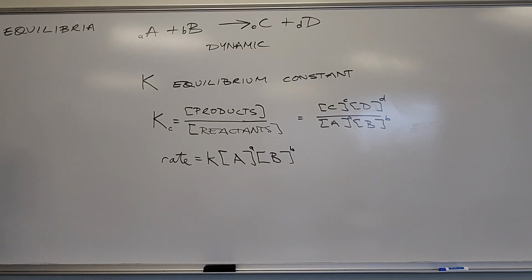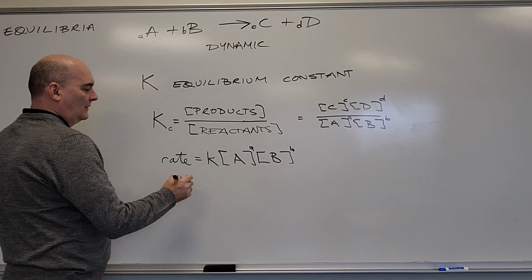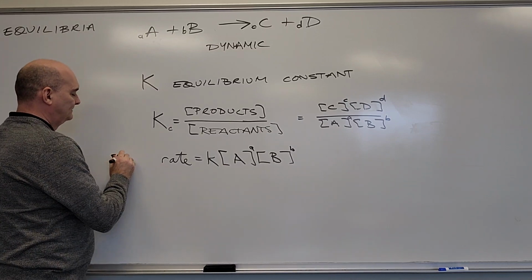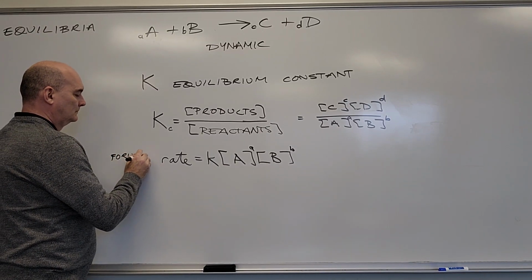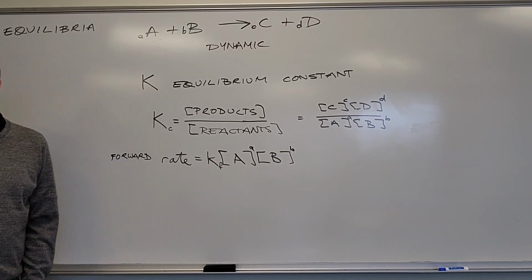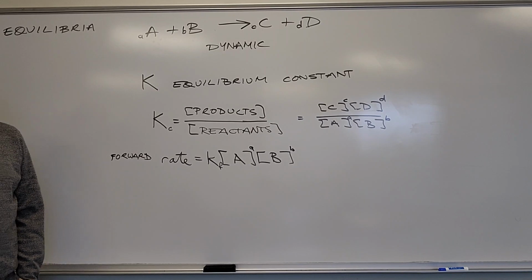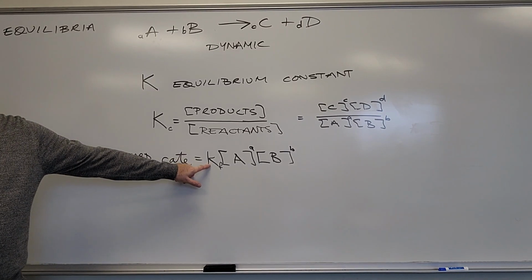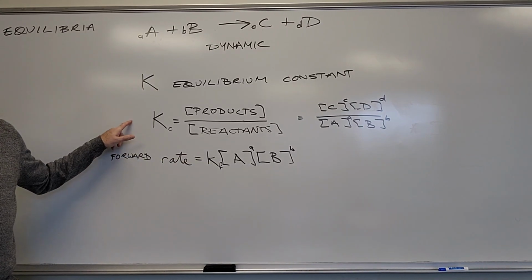If not, we don't know. So that would be the rate forward. And my k is a lowercase k. The equilibrium constant is an uppercase K.